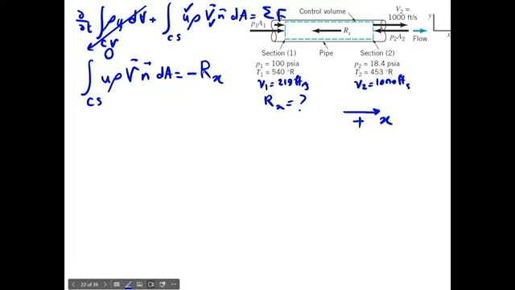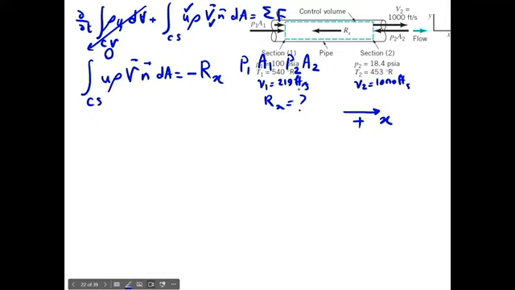You have the pressure times the area. Exactly. Pressure produces force. So I have P1 and P2. P is pressure. So to make it force, area 1, area 2.